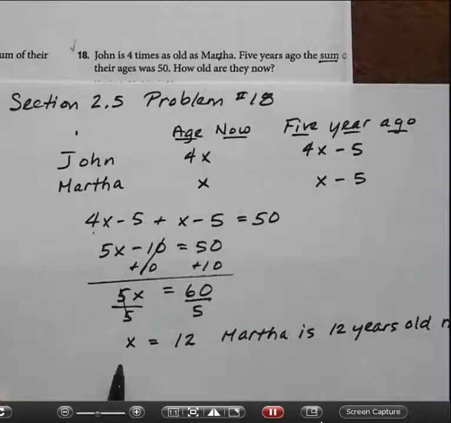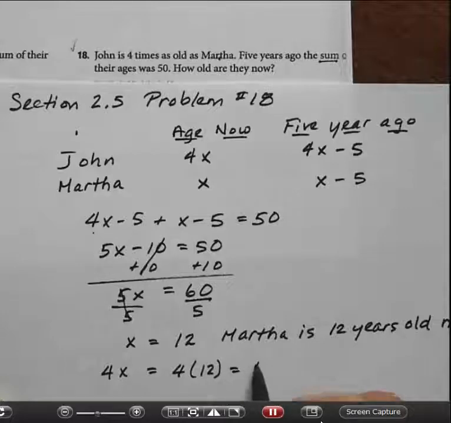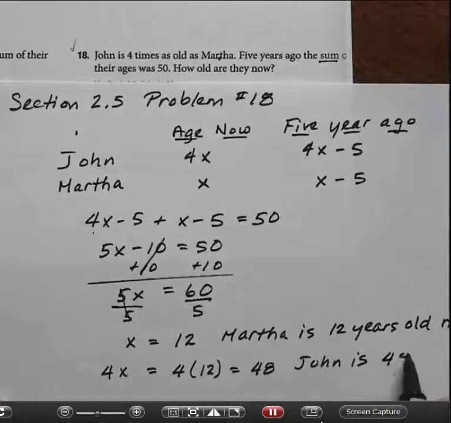And then to find John's age, we need to do 4 times x, which means 4 times 12, which equals 48. So John is 48 years old.